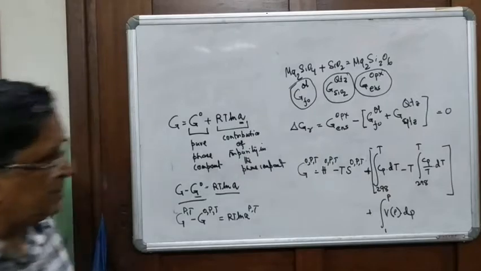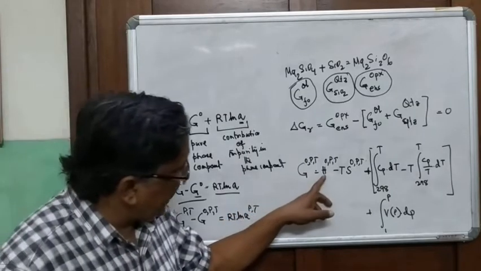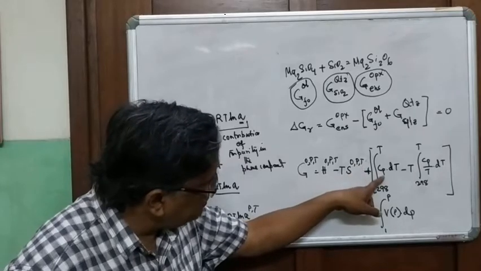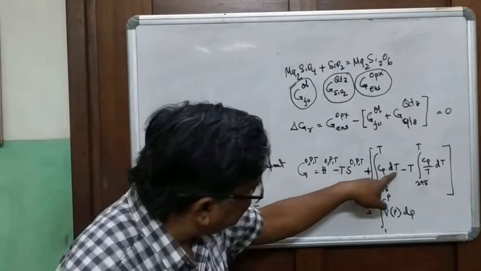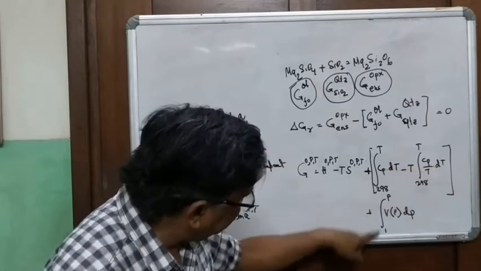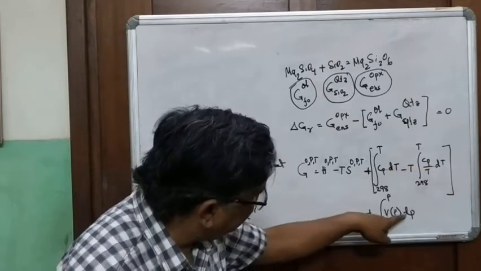This is how it is: G is equal to H0 PT minus T S0 PT, plus the integration of Cp dT minus T times the integration of Cp by T dT, and the integration from 1 to P of V dP.